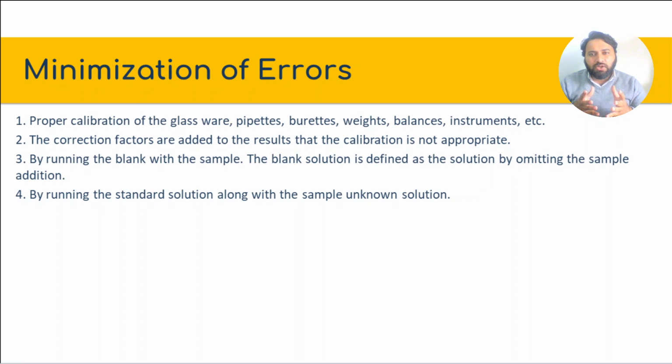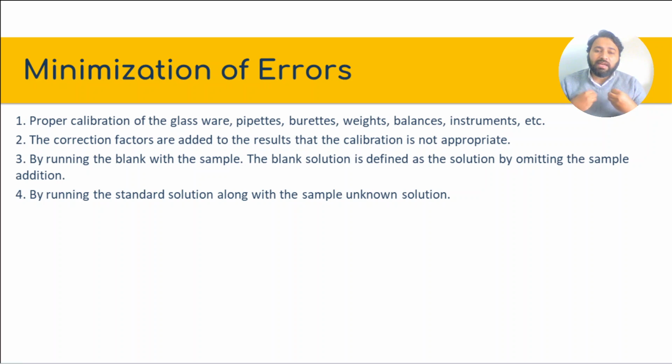Next method to minimize the error is running the standard solution. We have an analyte, but to what are we going to compare this analyte? So we must have a standard solution along with the unknown sample solution. We want to quantify a substance, or identify a substance, so we must have a standard solution for that.